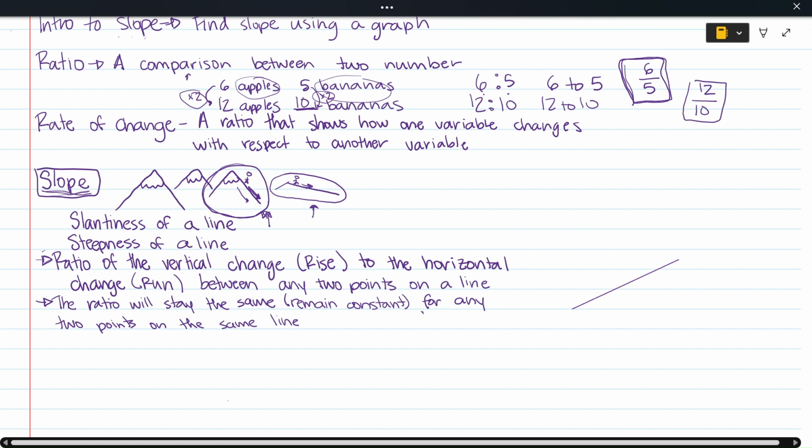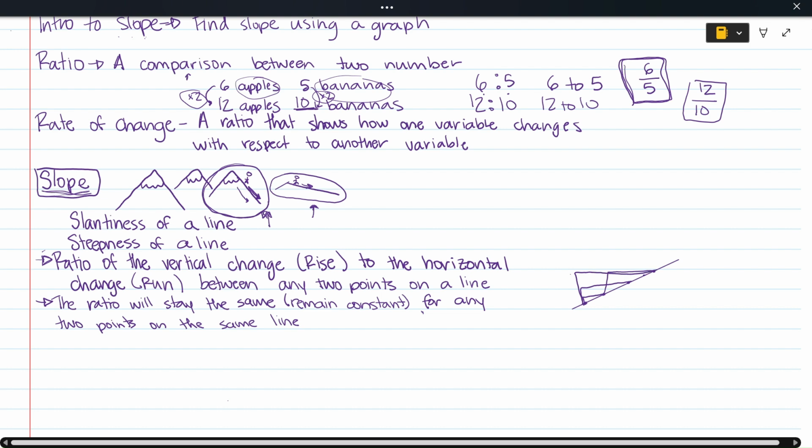So here's a line, and I can pick any 2 points on this line that my heart desires. I can pick this one and this one, or I can pick this one and this one, or this one and this one, or this one and this one.